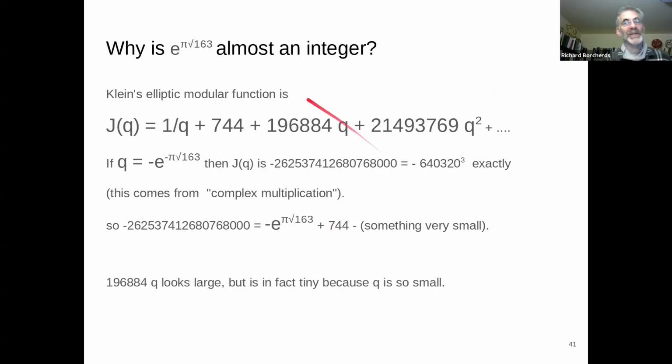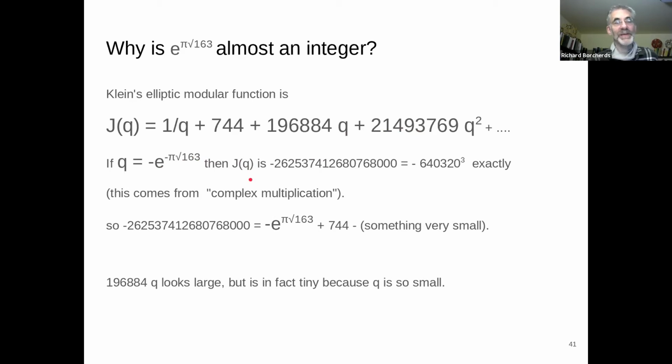Now we can explain why numbers like e to the pi root 163 are almost integers. Klein's elliptic modular function is given like this. If you take q to be the number e to the minus pi root 163, then the elliptic modular function is exactly an integer.